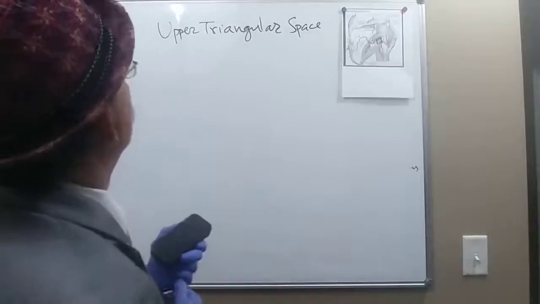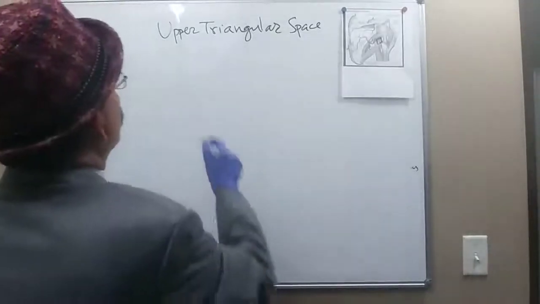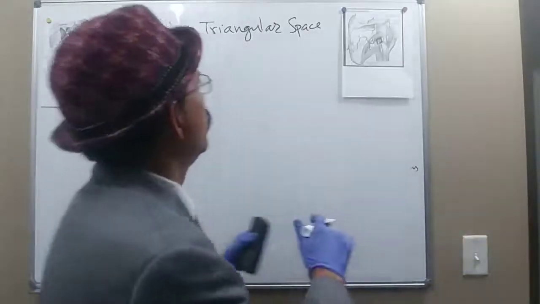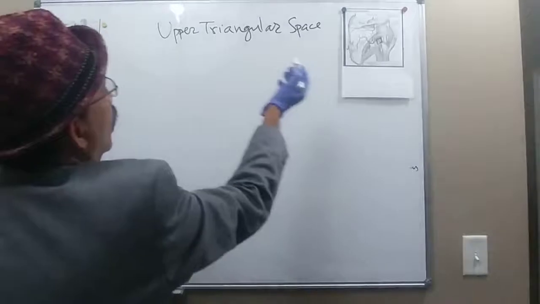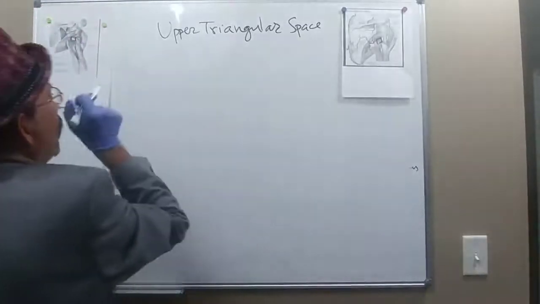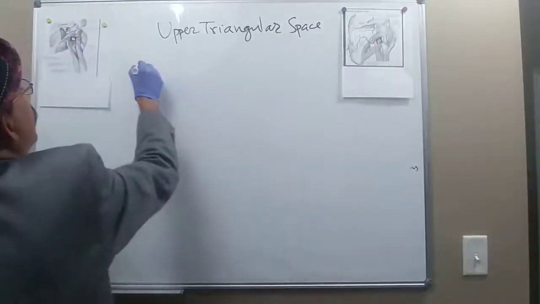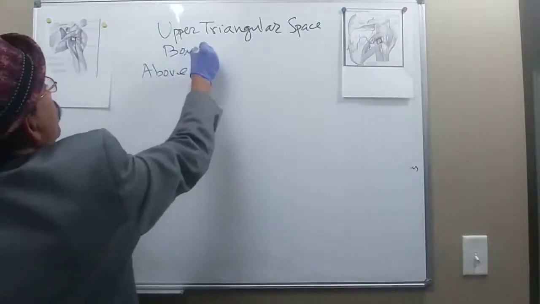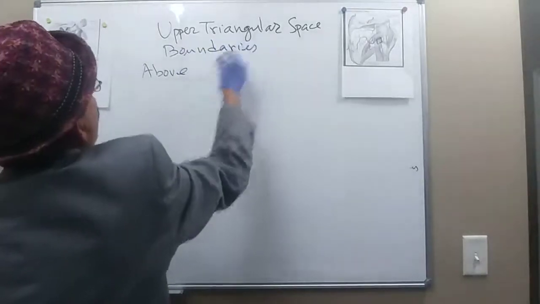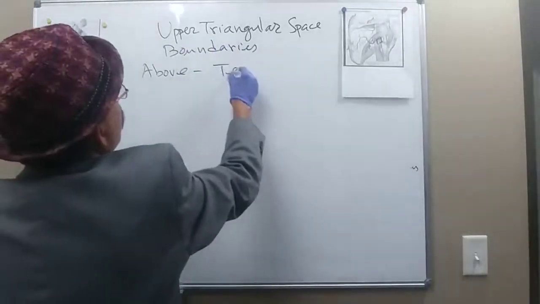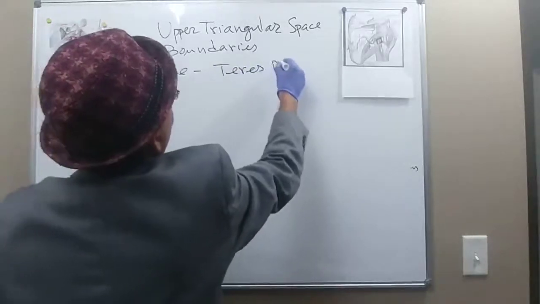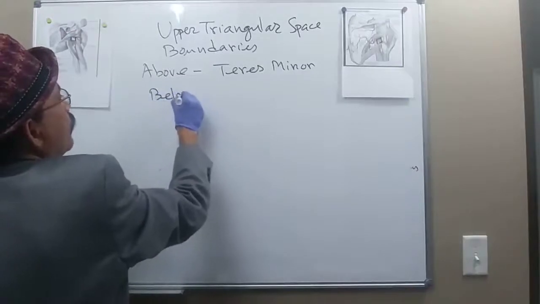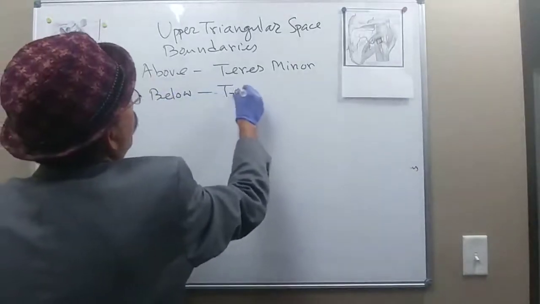How is it bounded? We are looking from the posterior aspect, with our cadaver in prone position. The upper boundary is formed by the teres minor above. Below, it is bounded by the teres major.